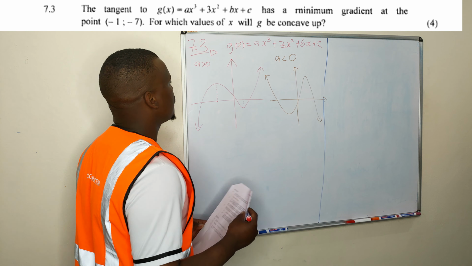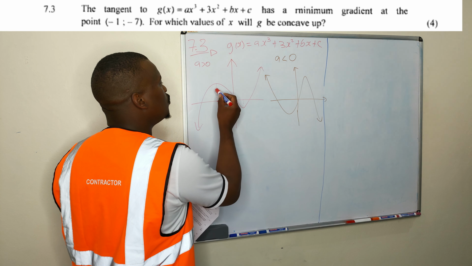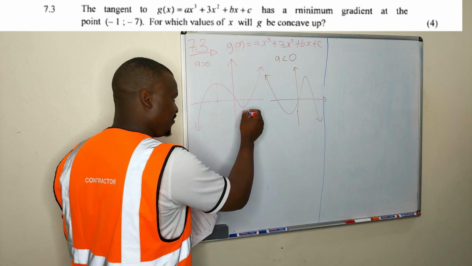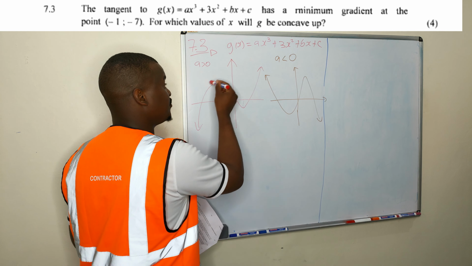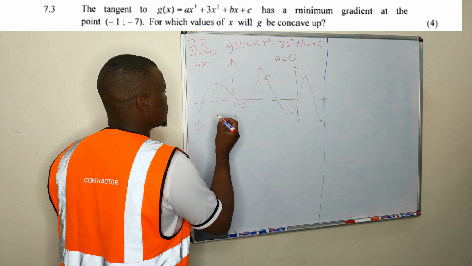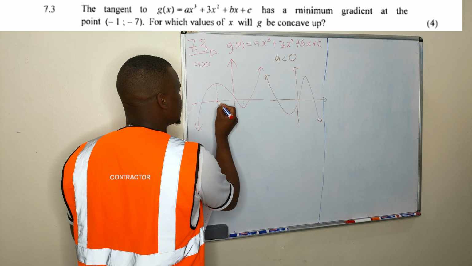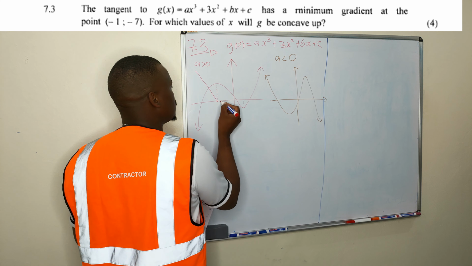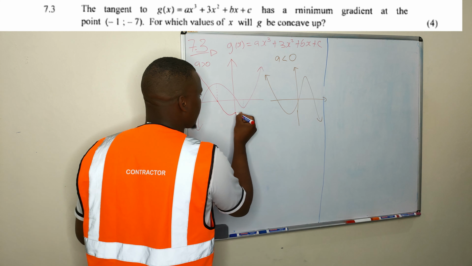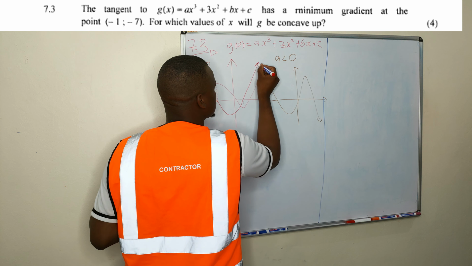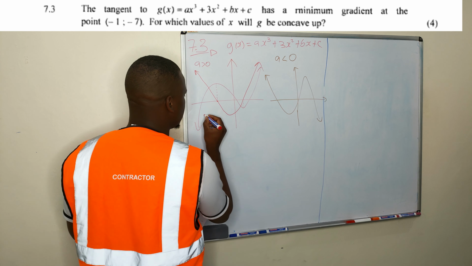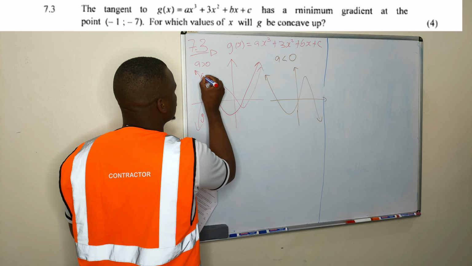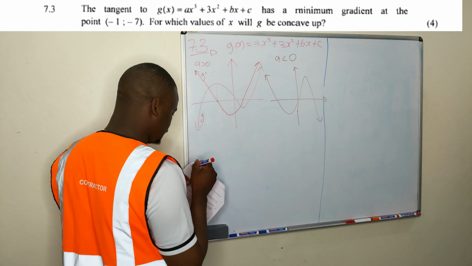Right? So if you were to draw a rough sketch of the derivative of this function, you would find that it's something similar to this. So this is your g here, and this should be g prime, right?